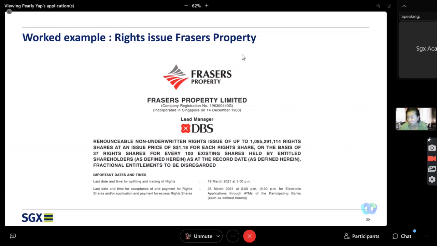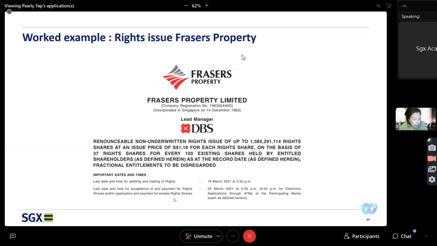There will be a rights price to it. Now, why is there a rights price? Remember when I said you calculate the theoretical ex-rights price, that is the share price minus the theoretical ex-rights price. That is the rights price. So there is a value to it. You can trade it in the market.